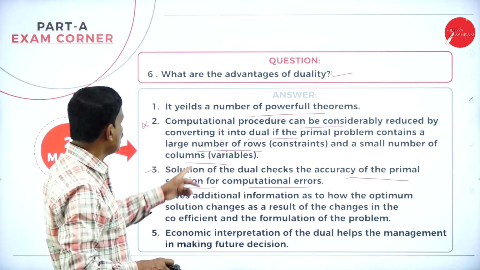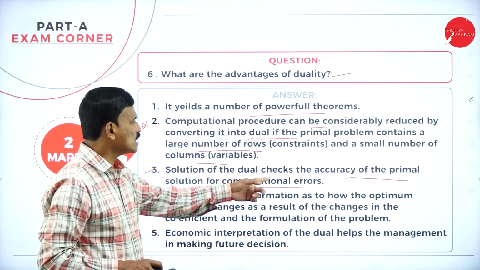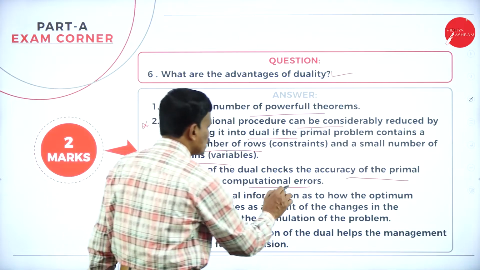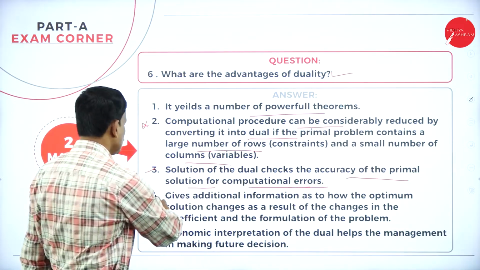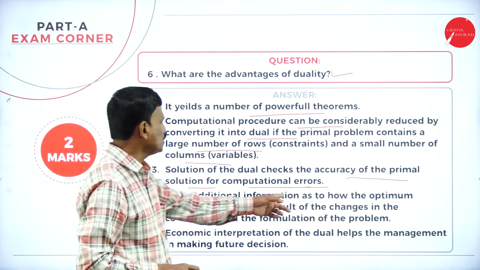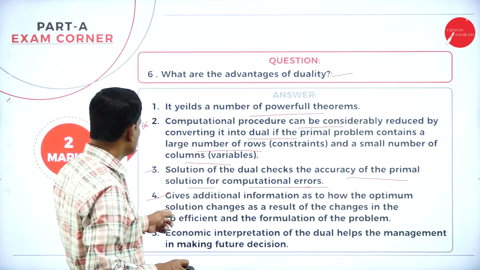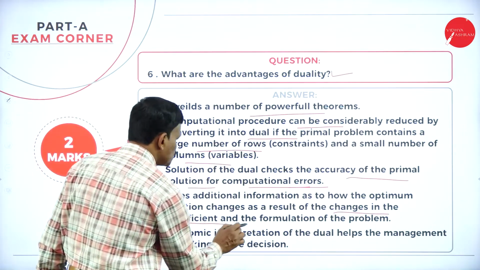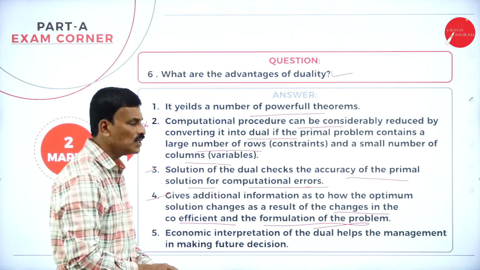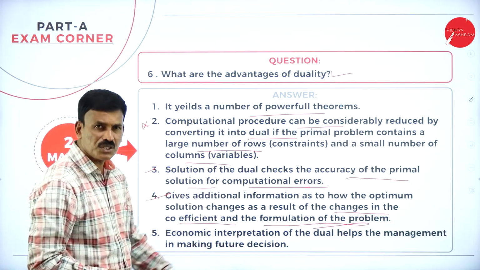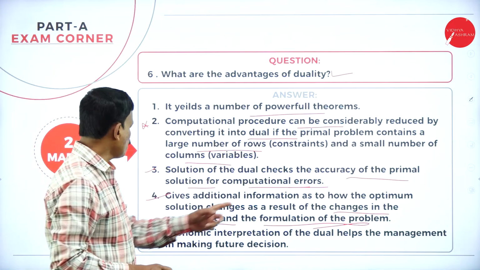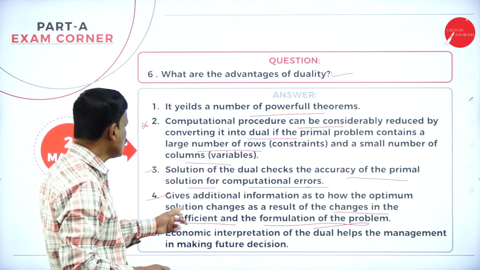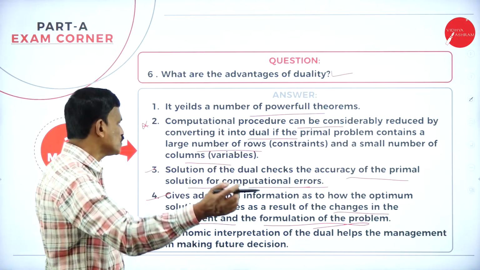So, the solution of the dual will check the accuracy of the primal solution for computational errors. And the fourth one is, this gives additional information on how the optimum solution changes as a result of changes in the coefficients and the formulation of the problem.